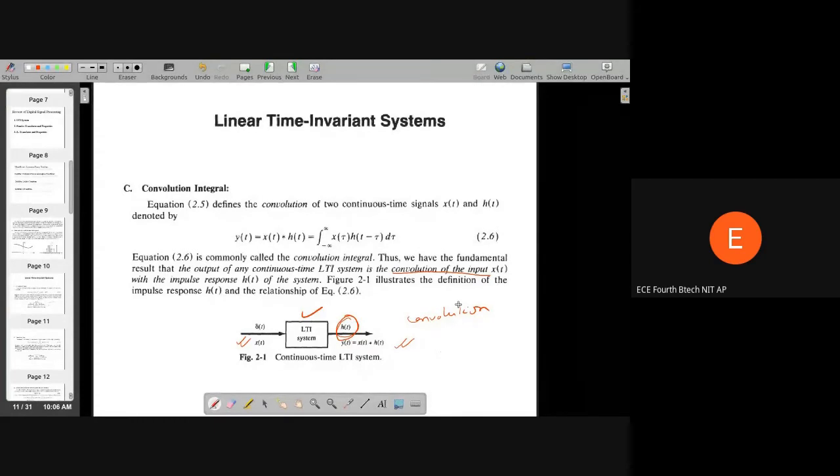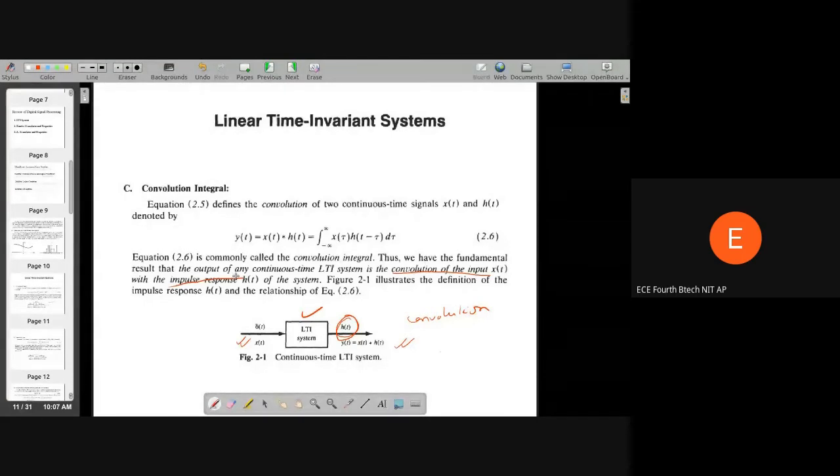These are just fancy words, but basically you have a mathematical structure, mathematical form, or a set of numbers which help you predict the output of the system. And this set of numbers, we call it the impulse response, or if it is a function which represents it, it's the same thing.